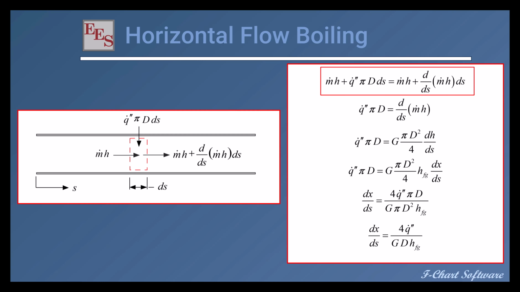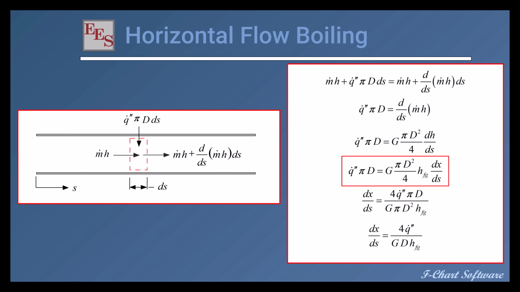And then you can simplify this by subtracting the mass flow rate times the enthalpy from each side, and then also getting rid of the ds on each side. And that leaves this equation, which just says that the rate at which the total enthalpy flow rate is changing is driven by the heat flux. Let's pull the mass flow rate out of the derivative because it's constant and express it in terms of the mass flux. So it's the mass flux times the cross-sectional area of the tube here.